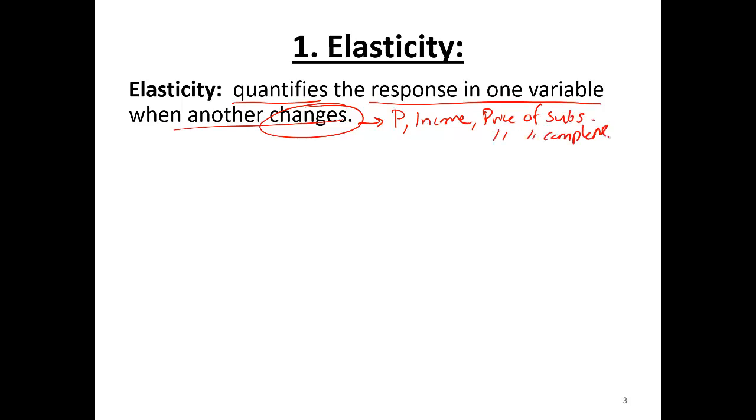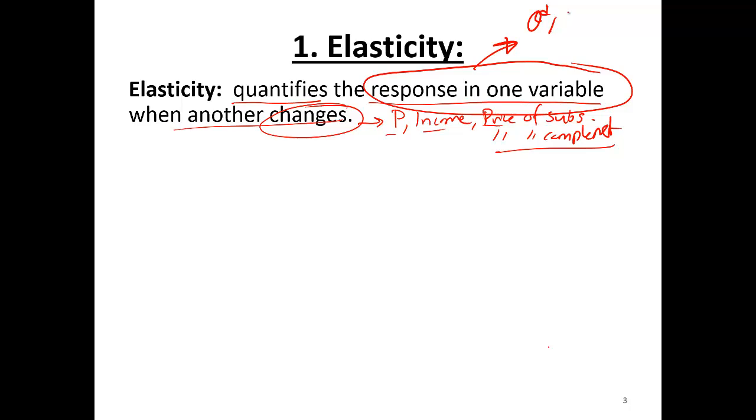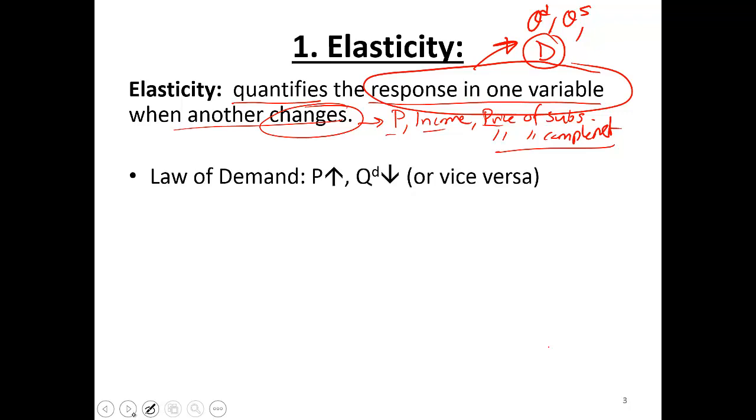We will look at the impact of all these variables on quantity of that good demanded, quantity of that good supplied, or changes in demand. We will also talk about cross price elasticities, but don't worry about those for now.